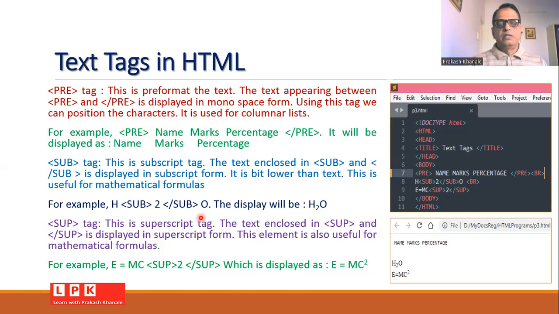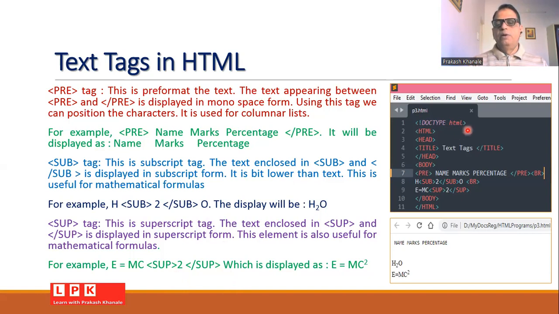If you want the same text in superscript form, then you can make use of the SUP tag, or superscript tag. For example, if my formula is E equals MC squared, then I can enclose this 2 in the superscript form.